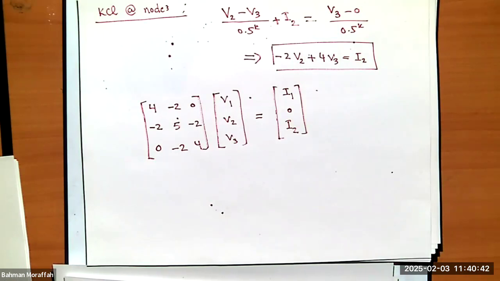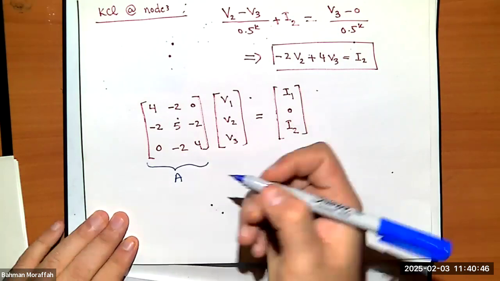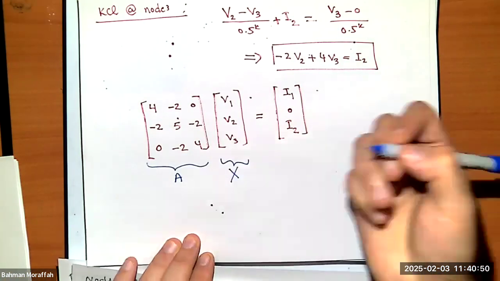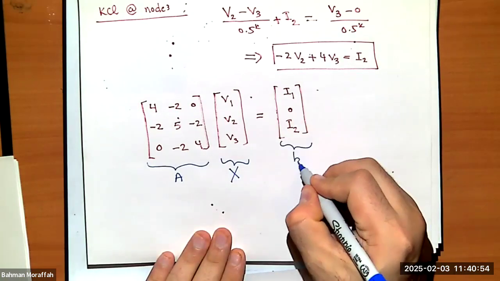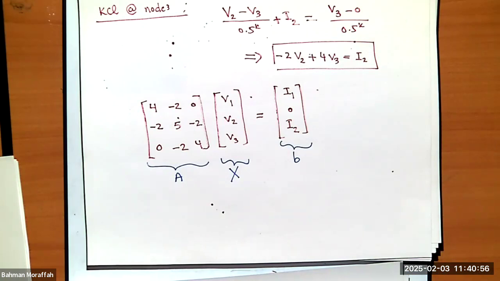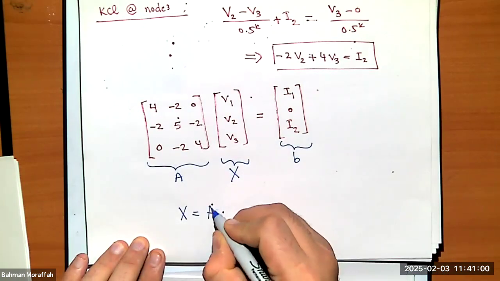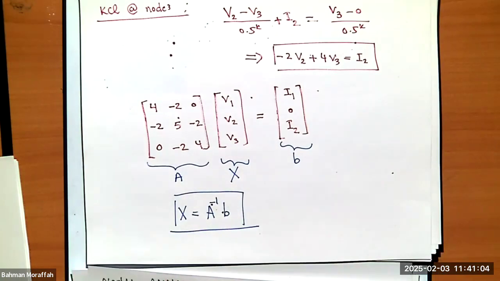Right? Now I wrote this in terms of some known matrix A, some unknown vector X, and some vector B, which is known, right? If I want to find X, X is A inverse times B, right?